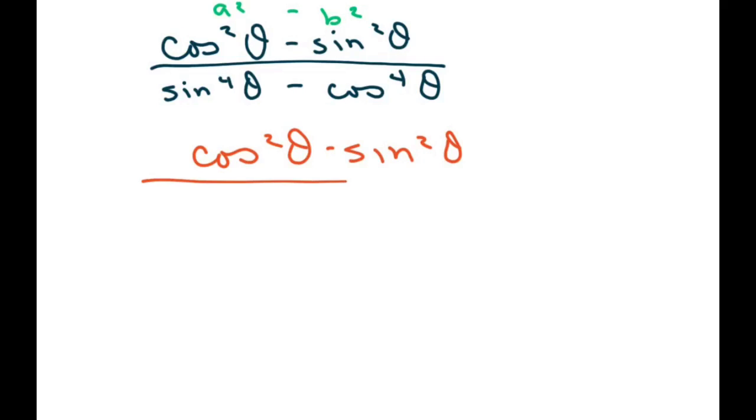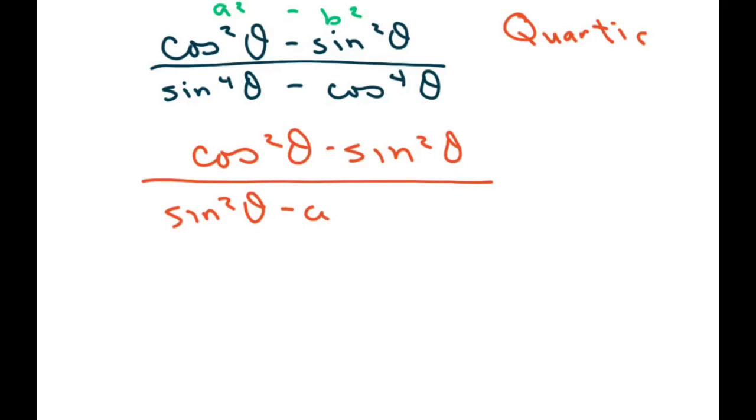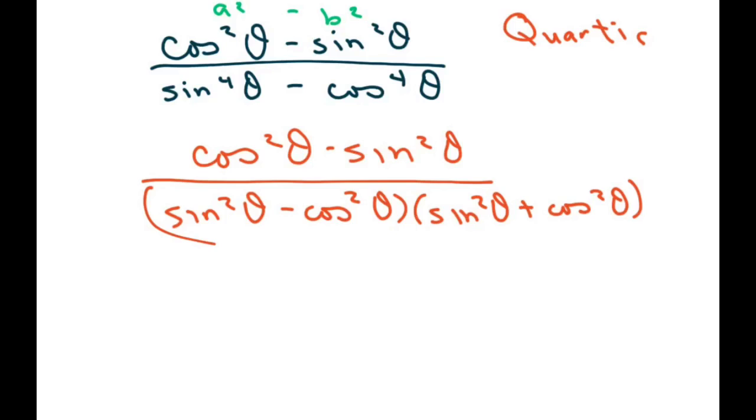And I'm going to factor out my quartic, which means the degree is 4, and use my a squared minus b squared. So that's really going to be sine squared minus cosine squared, and then sine squared plus cosine squared of theta. Now, we already know that sine squared plus cosine squared is just 1, so I can just leave that as 1.